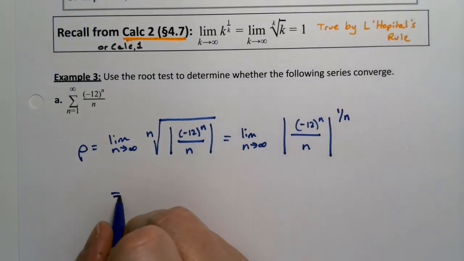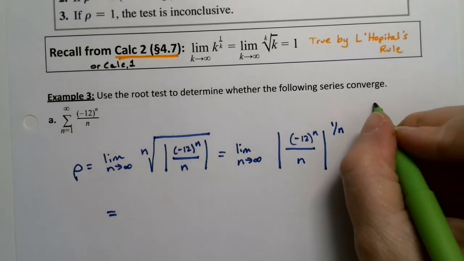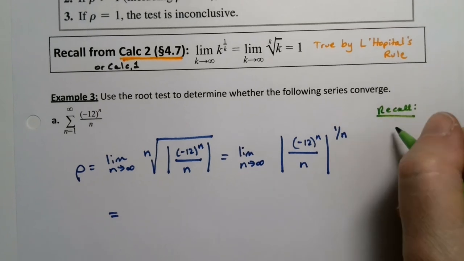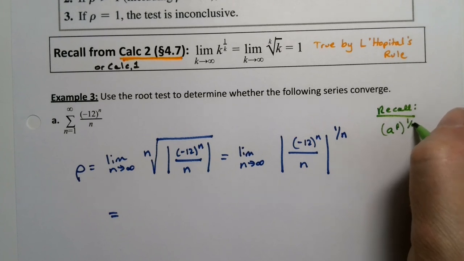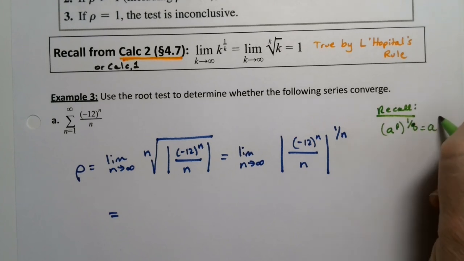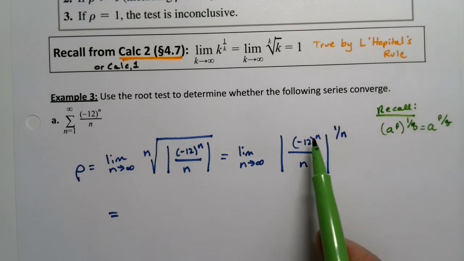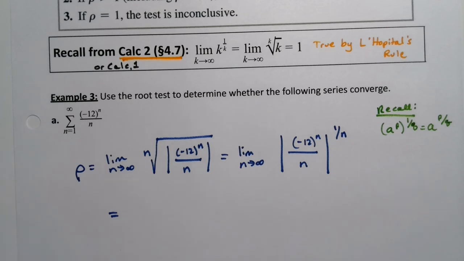All right. But remember, from pre-algebra, when you have a to the p to the 1 over q, that's a to the p over q, right, from algebra. So I can take this and make it n over n, and n over n is 1.